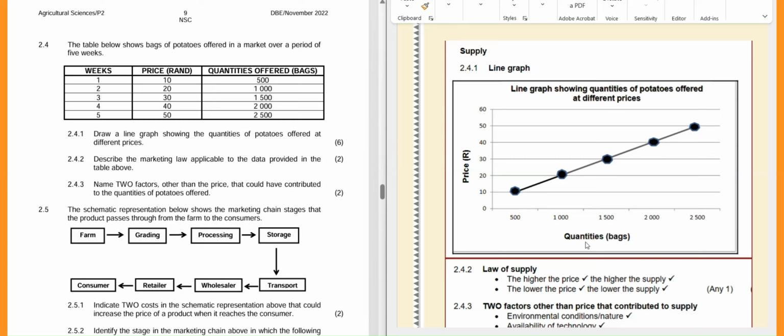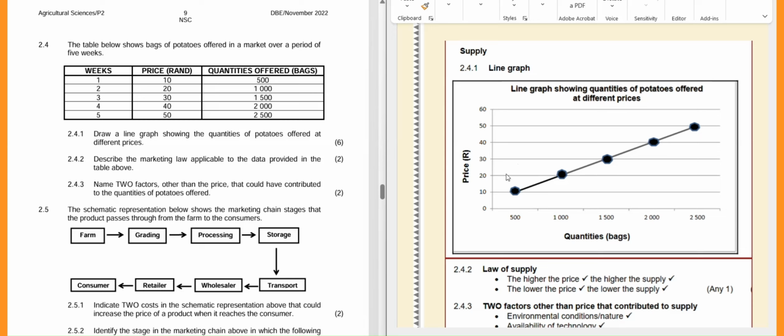Then on the x-axis we have the label. Also we have the quantities in bags. The quantities of potatoes offered in bags, as you can see, that's 0, 500, 1000, 1500, 2000, 2500.